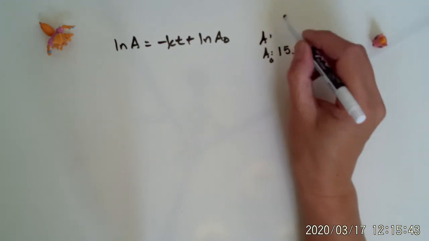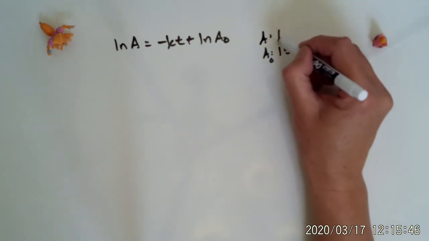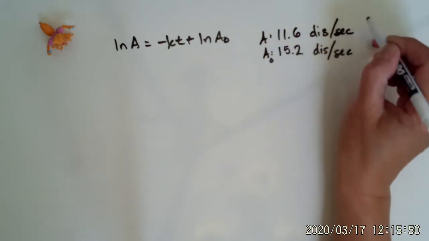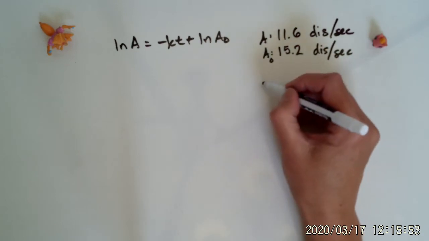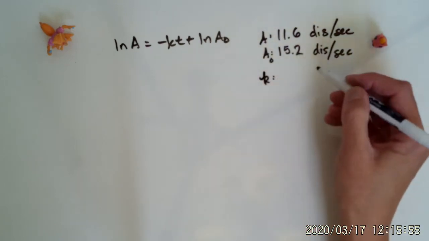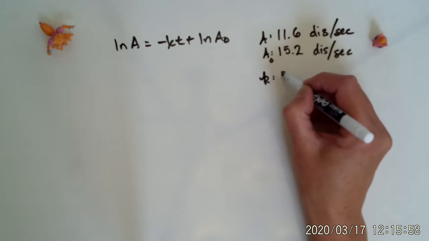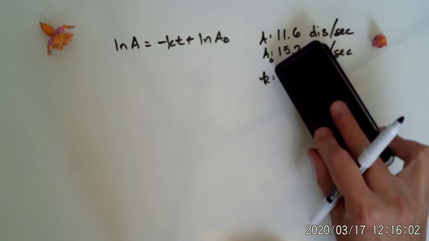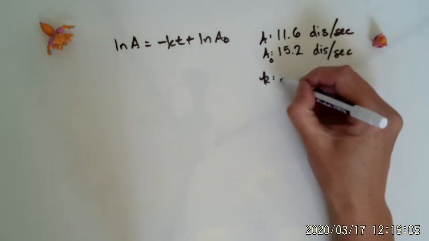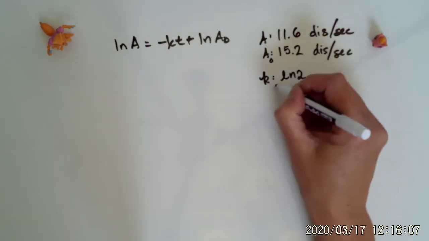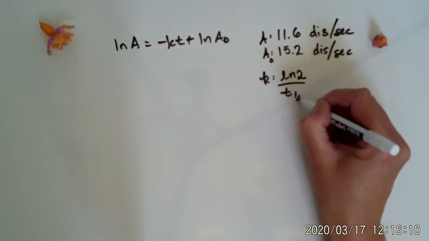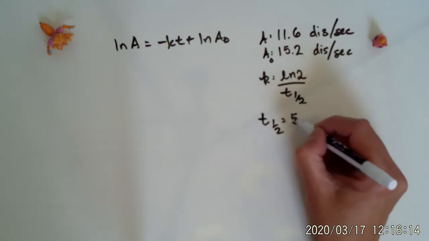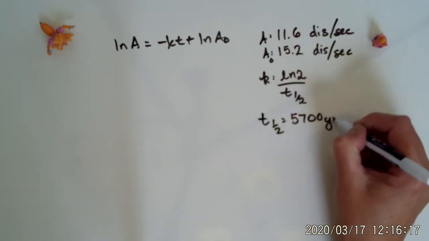A, we said, was 11.6 disintegrations per second. k we don't know, is equal to the natural log of 2 divided by t1/2. And t1/2 is equal to 5,700 years.